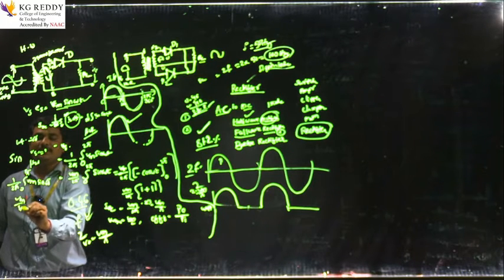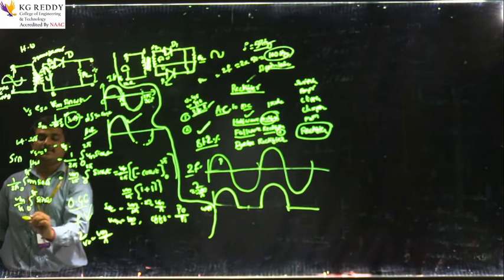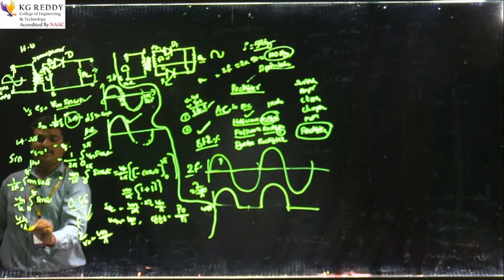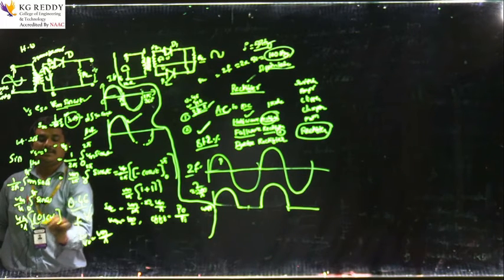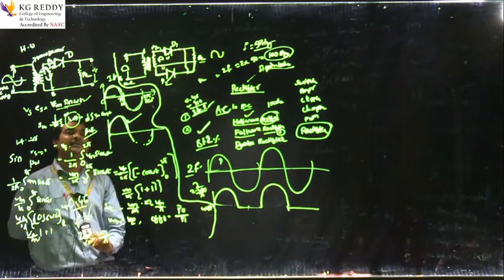That is Vm by 2 pi times the integral of sin from 0 to 2 pi, giving cos 60 after integrating. Substituting the lower and upper limits, we get approximately Vm by 2 pi. This is the sum problem.